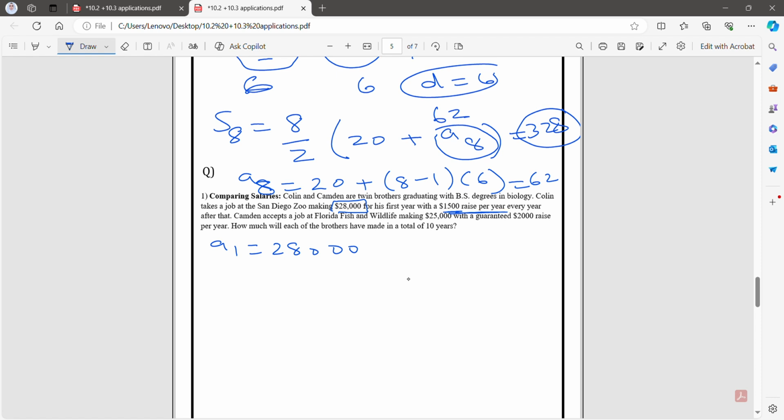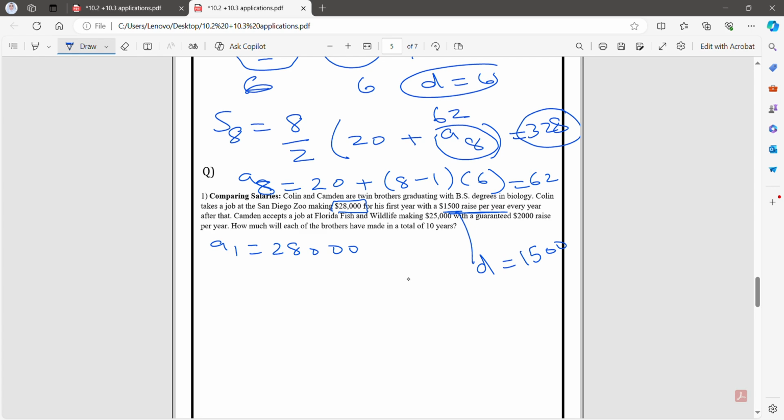So whenever the first year salary is 28,000 and he's getting a raise of 1500, this is D, right? D is equal to 1500. Whenever we get a raise in salary as an amount, not as a percent, that amount is the common difference.